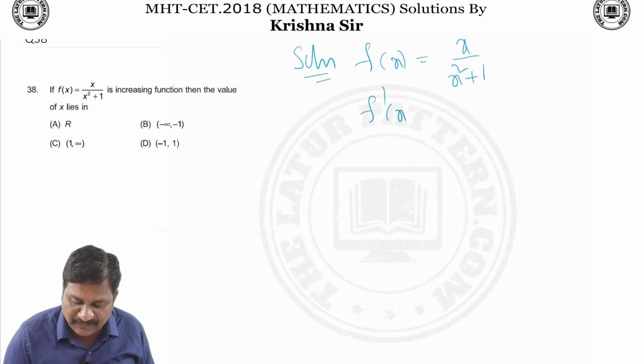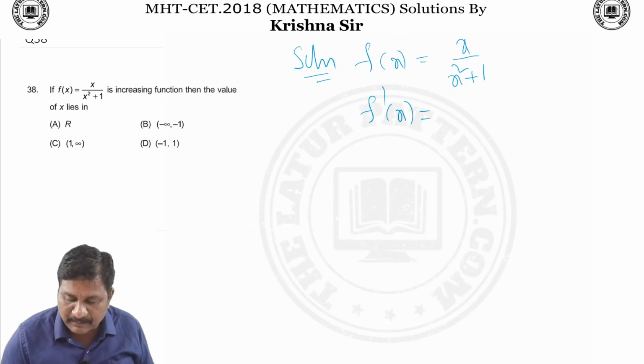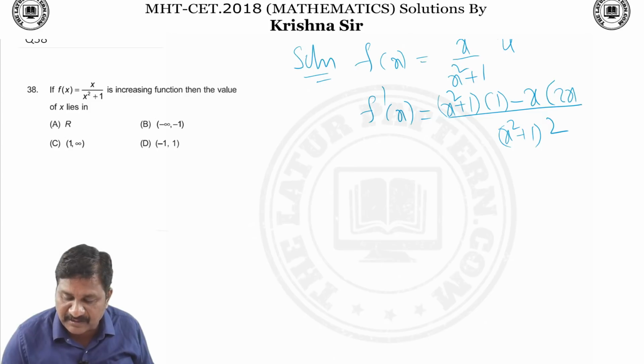We find f dash of x by using the u upon v rule: denominator v square, v same as it is, derivative of numerator u, that is x, is 1, minus u same as it is, denominator v, x square plus 1, its derivative 2x, which is greater than 0.